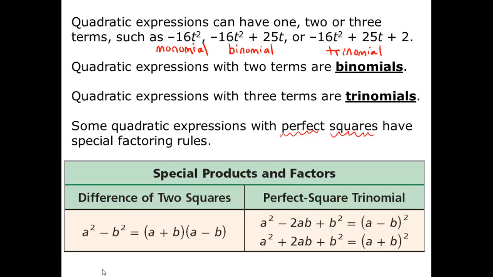Okay, and here we looked at the difference of two squares, but we still need to look at perfect square trinomials, so we'll do a couple of those examples now.